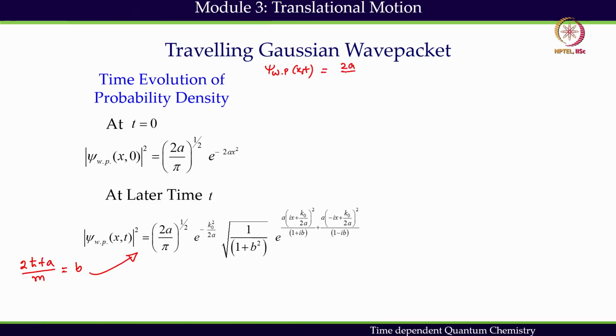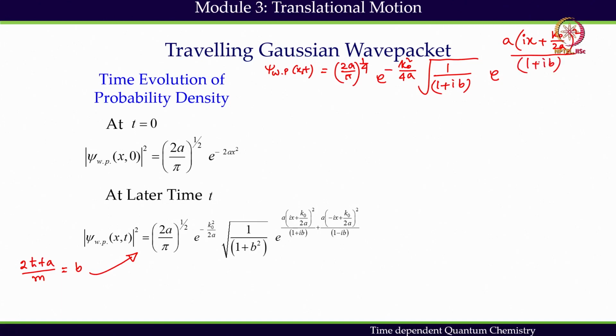It is going to be 2a by pi to the power 1 by 4 e to the power minus k naught square divided by 4a, then square root of 1 by 1 plus ib, and then e to the power a (ix plus k naught by 2a) whole square divided by 1 plus ib.